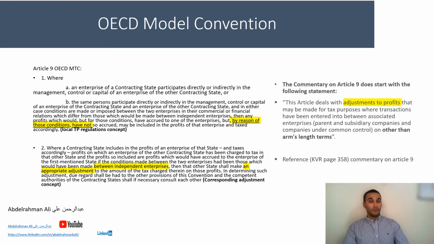So if you look at the second paragraph under Article 9, we will conclude that where a contracting state includes in the profits of an enterprise of that state, and taxes accordingly, profits on which an enterprise of the other contracting state has been charged to tax, and the profits so included are profits which would have accrued in the first-mentioned state, if the conditions made between the two enterprises had been those which would have been made between independent enterprises, then the other state shall make an appropriate adjustment to the amount of tax charged therein.